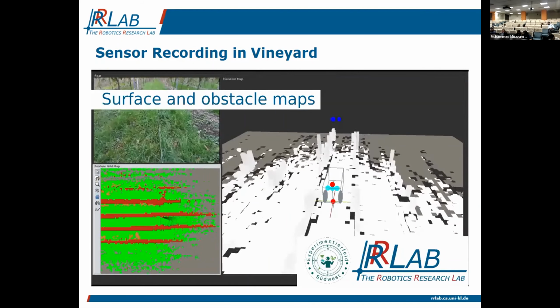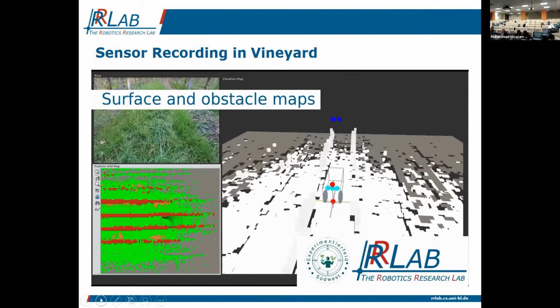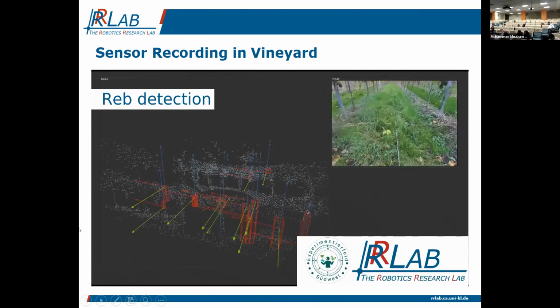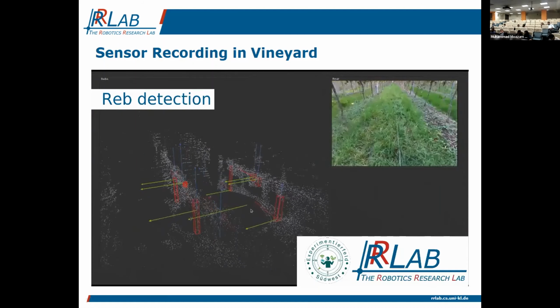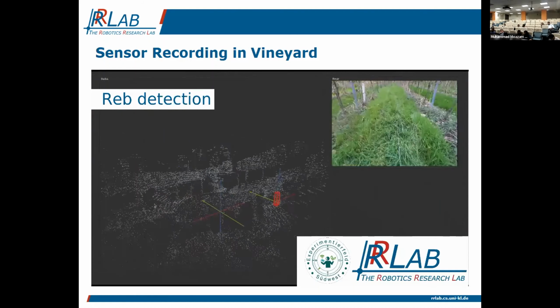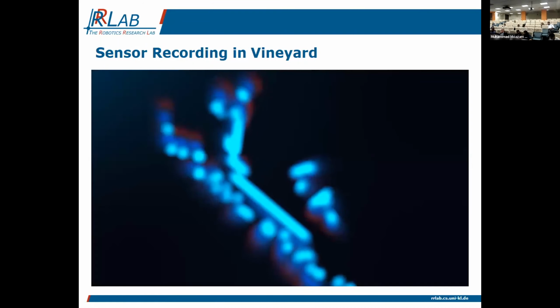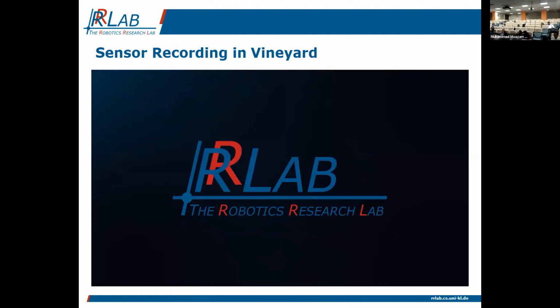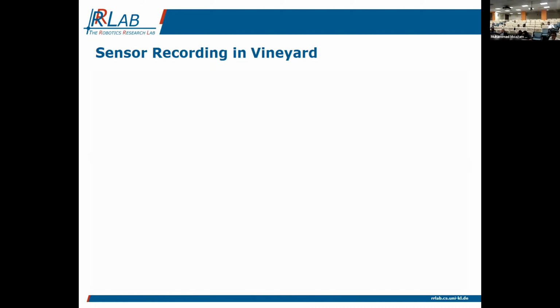And after this, you see the different vines, I don't know if you can see it that well, which are recognized by the algorithm. This we use to make a short rough estimation of the yield.